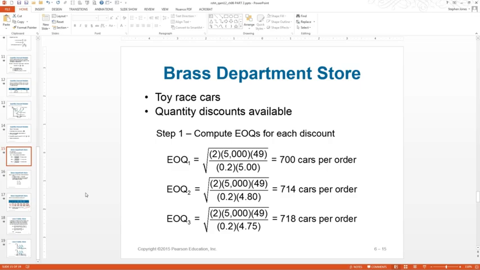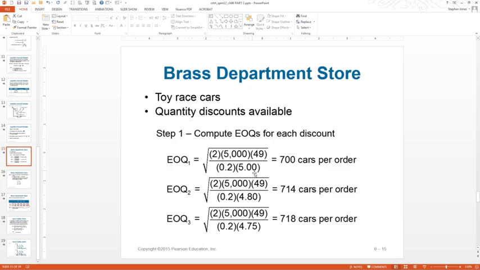So now you still have 2 times your annual demand times your ordering costs. But now you're also putting in the cost here. The carrying cost hasn't changed, but now the per unit item is thrown into this.